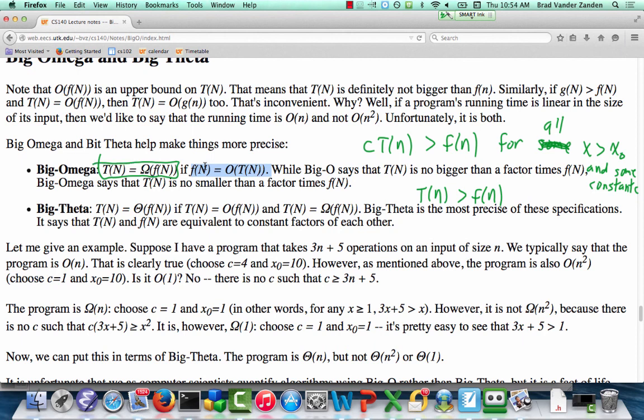And big theta says if T of n is equal to order f of n and T of n is equal to omega f of n, that's a tight bound. So f of n is both the upper and lower bound, therefore it is a precise bound for the running time. Big theta is the most precise specification. Big O can be a loose upper bound. Omega can be a loose lower bound.